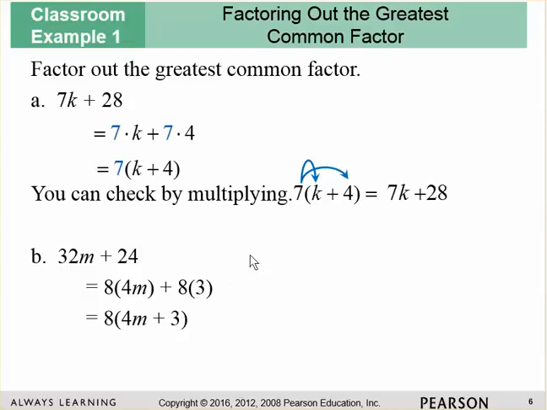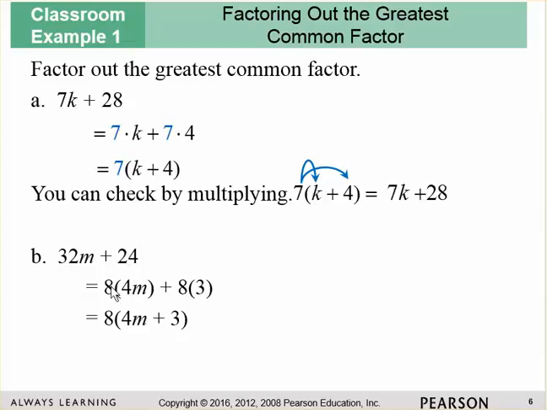Second example, B here, we've got 32m plus 24. Neither of these coefficients, the 32 or the 24, are prime. And so we look to see, well, what kind of factors do they share? So 32 is 4 times 8, and 24 is 3 times 8, so they both share an 8.